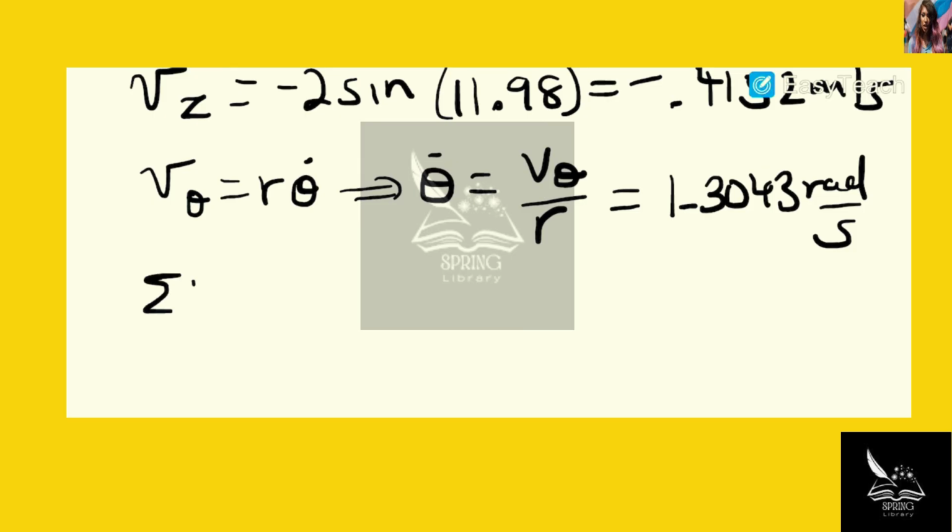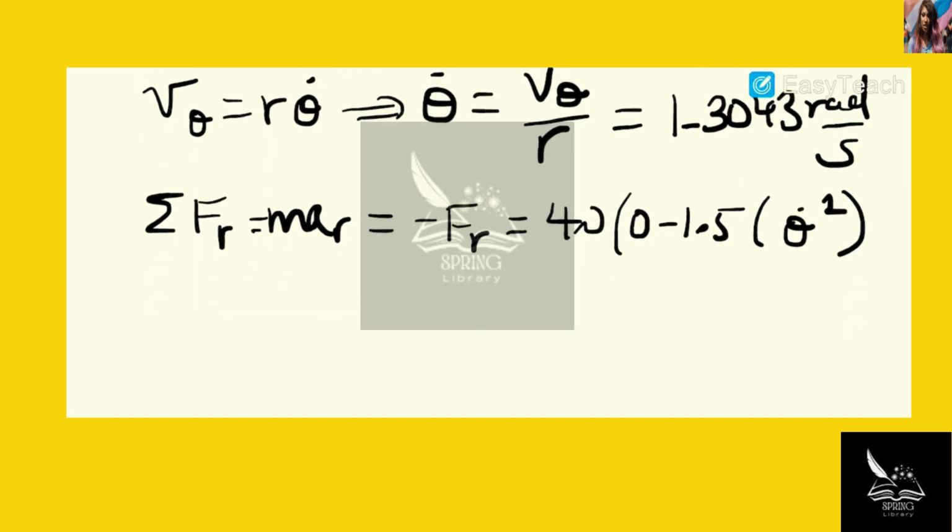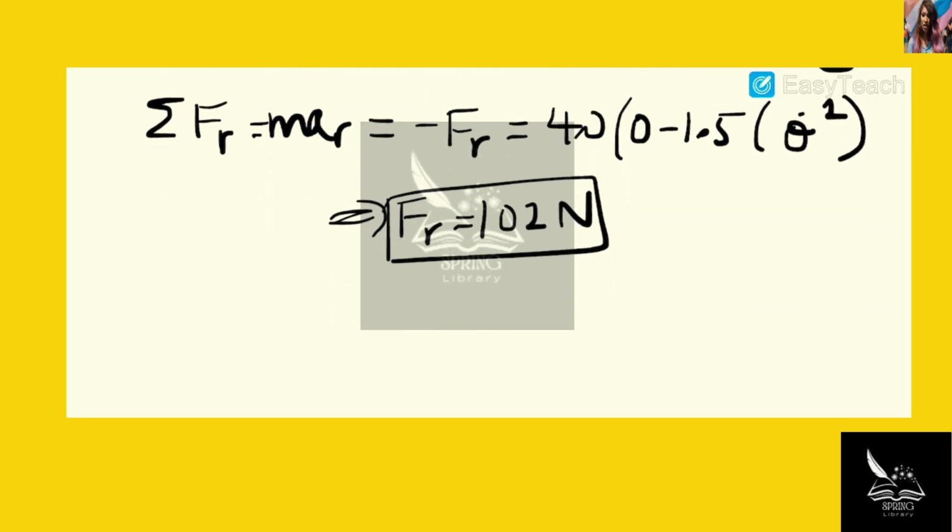The net force in r is equal to m times a_r, which is equal to negative F_r, which is equal to 40 times the quantity 0 minus 1.5 times theta dot squared. This gives us an F_r equal to 102 newtons. So that's one part of our answer.